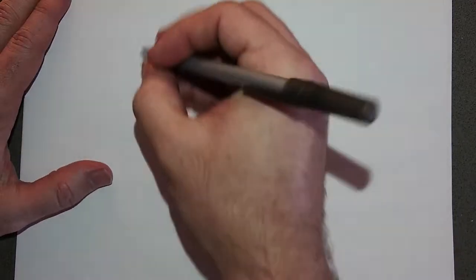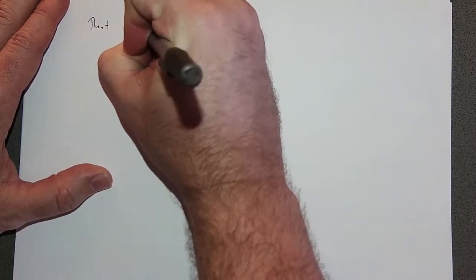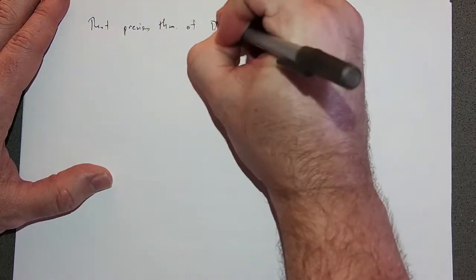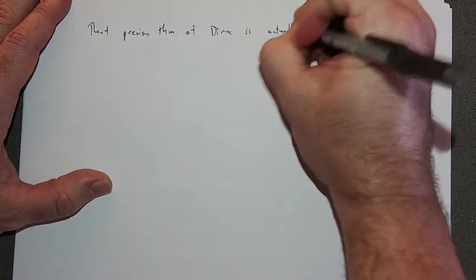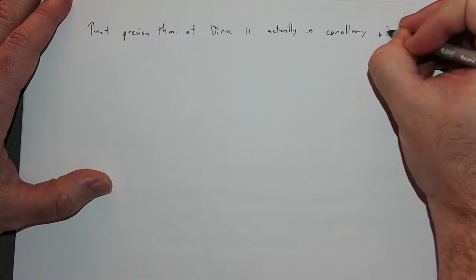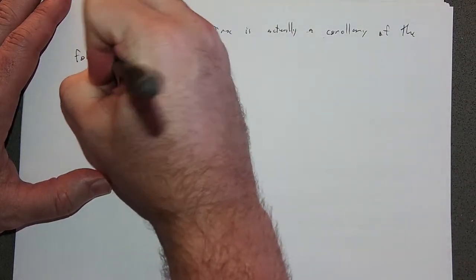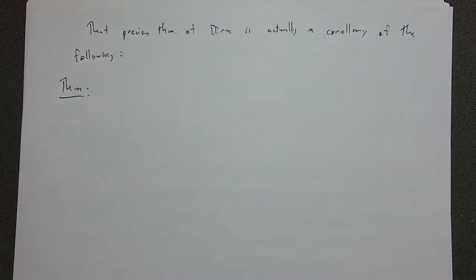So actually, that previous theorem of Dirac is a corollary of the following. There's a theorem that is a little bit more general and contains our previous theorem as a special case.